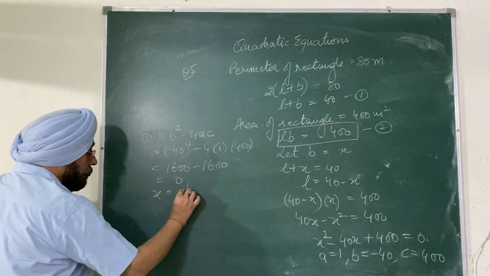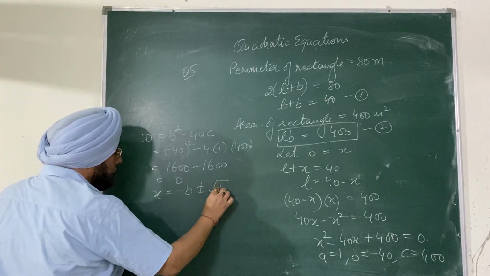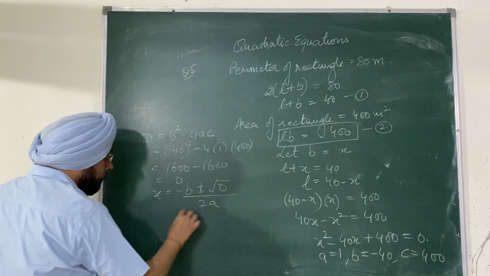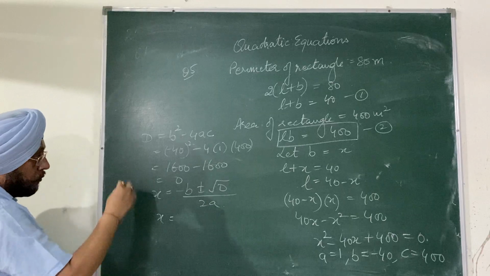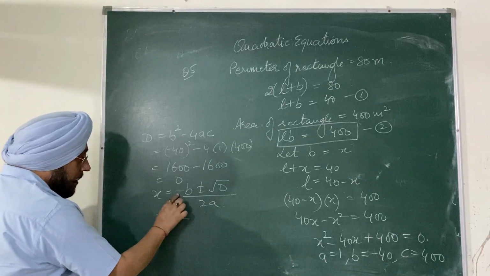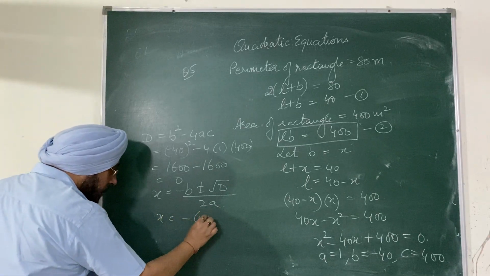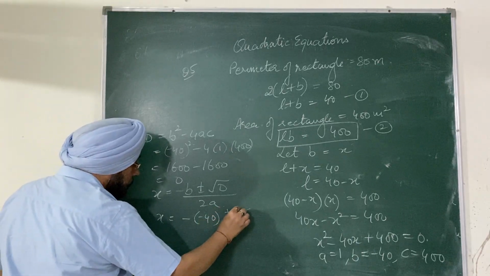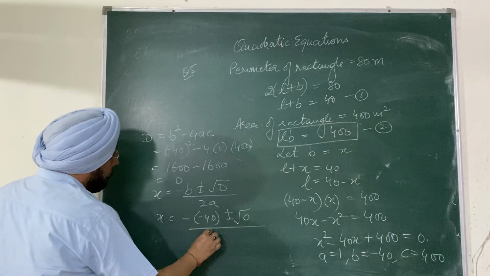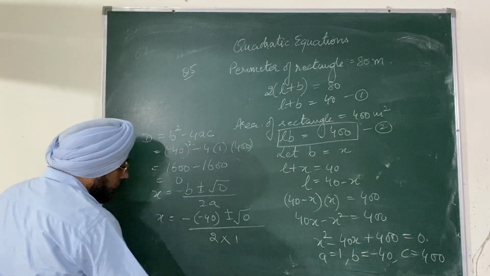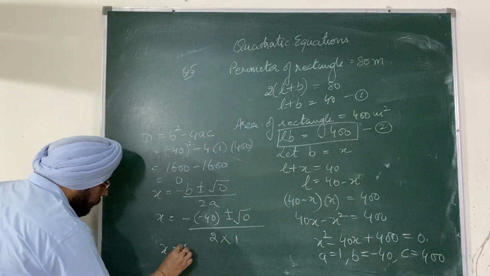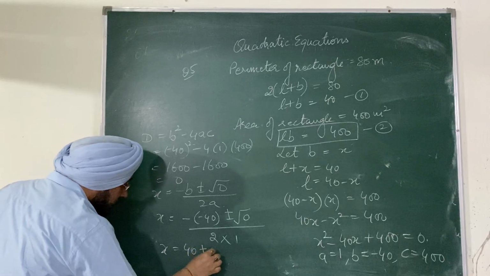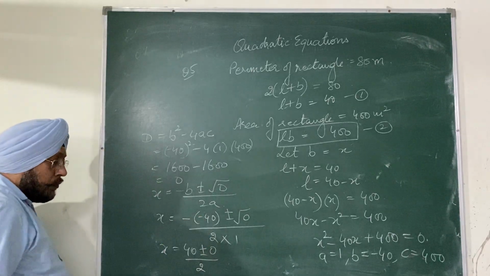X is equals to minus b plus minus root d upon 2a. X is equals to, now put the value of b, minus sign is here, b is minus 40, so put the value in bracket, plus minus d is 0 and the value of a is 1. So we get 40 plus minus 0 upon 2.